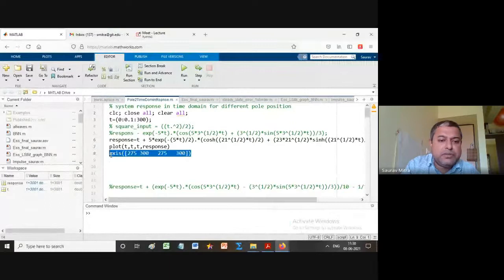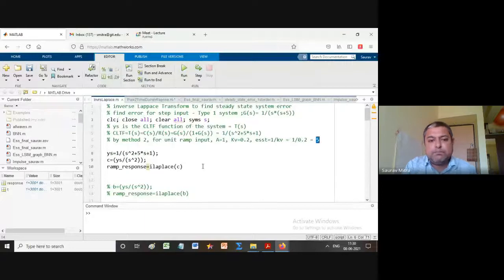Now we'll go for the type 1 system with parabolic input. Type 1 system with parabolic input, that is 1 by S cube, and we will see that this is the parabolic response. But before that, we have to find Ka. How much is Ka for this type 1 system?